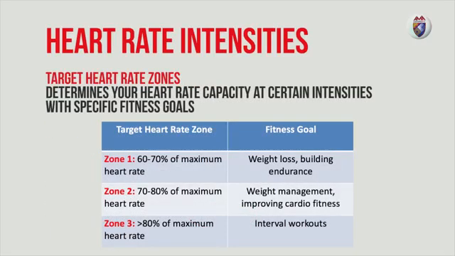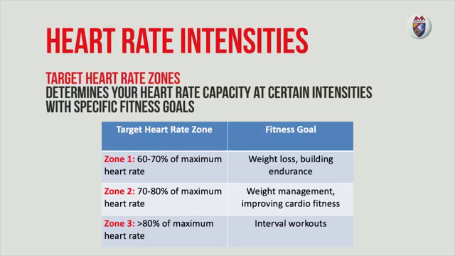The last computation for you to determine your heart rate intensities is by calculating your target heart rate zones. These zones determine your heart rate capacity at certain intensities of your exercise, while aimed at reaching your specific fitness goals. The table below shows 3 different zones and their corresponding fitness goals in exercise.